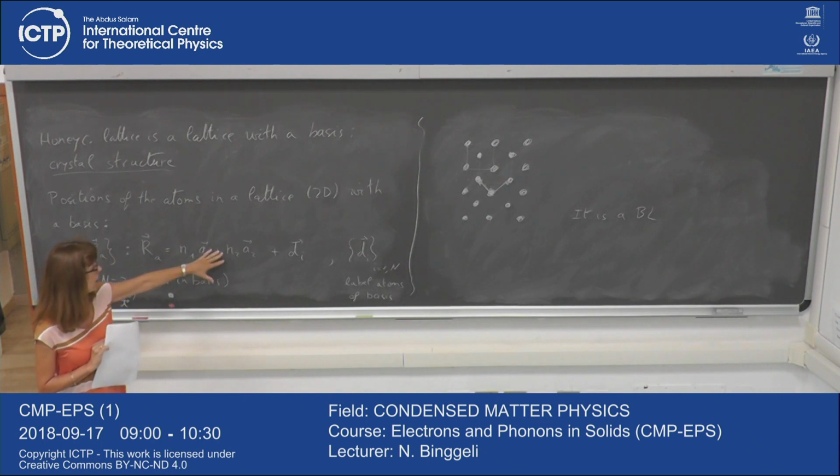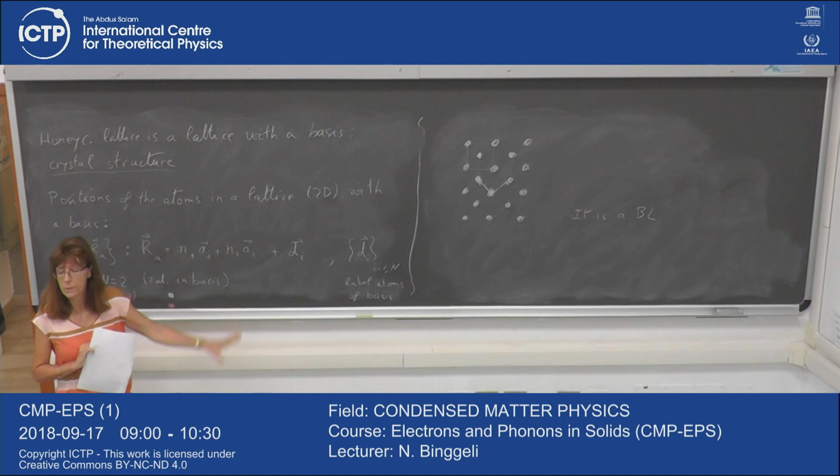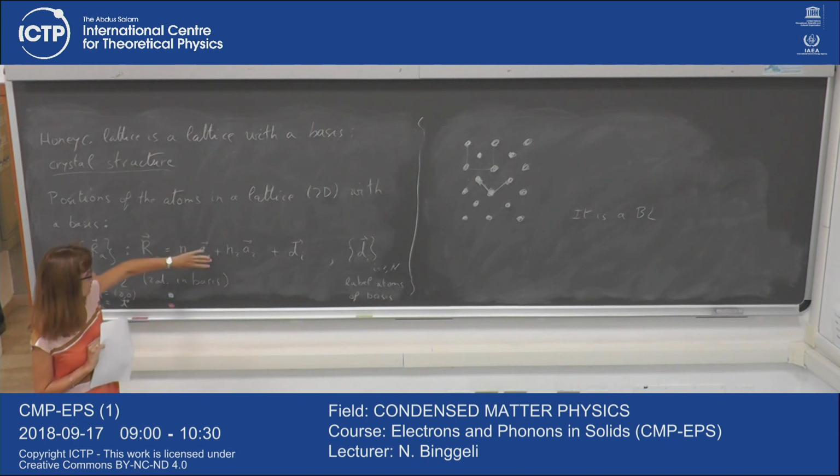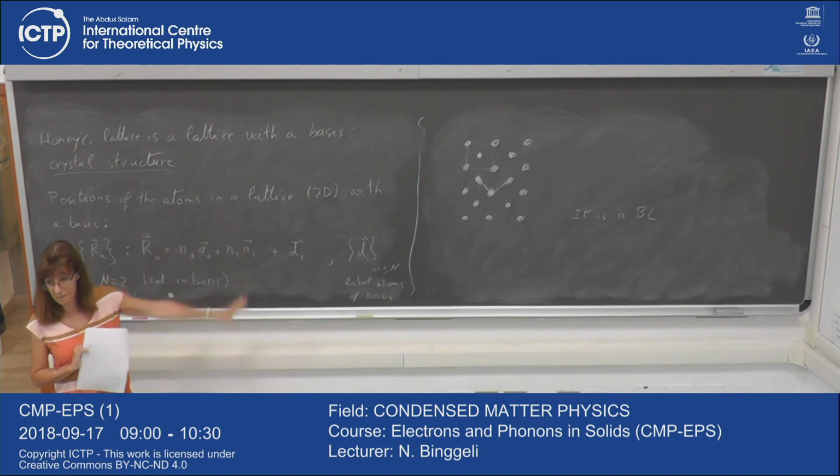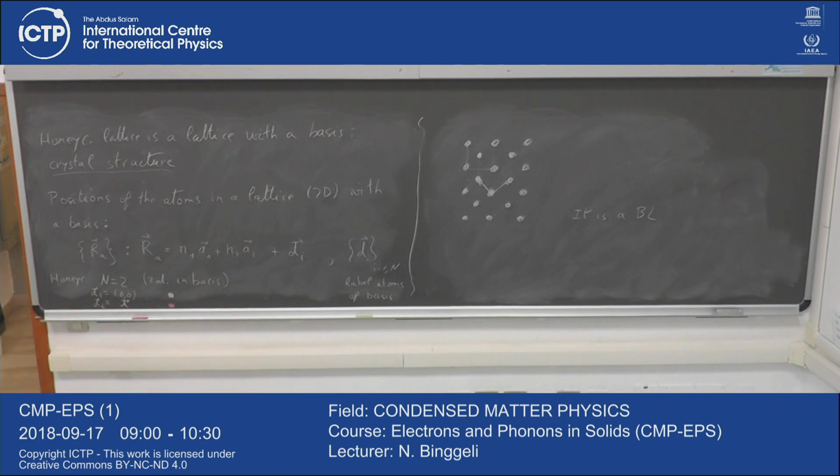here n1 and n2 are all possible integers. So the Bravais lattice is the part that gives you the periodicity, the infinite extended system. Of course, I'm drawing it only in a reduced part of the blackboard, but we are talking about a crystal, and if you have an atom missing, you have a defect in the crystal, but it loses the periodicity.